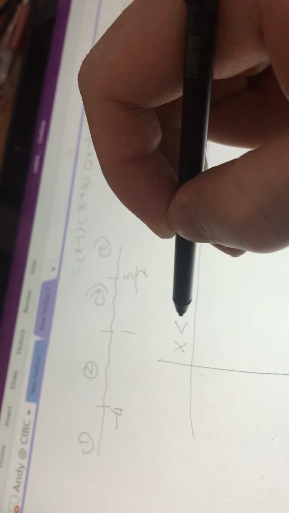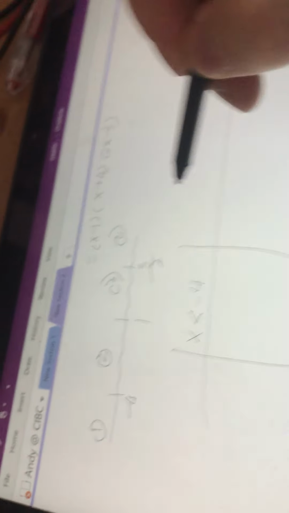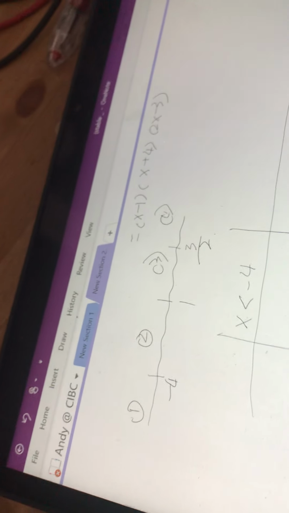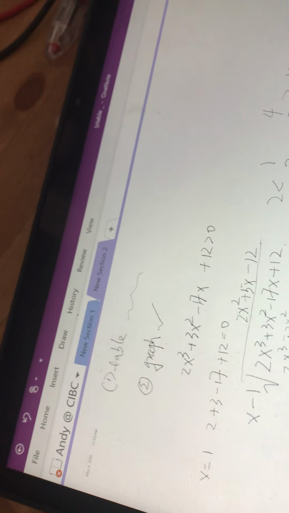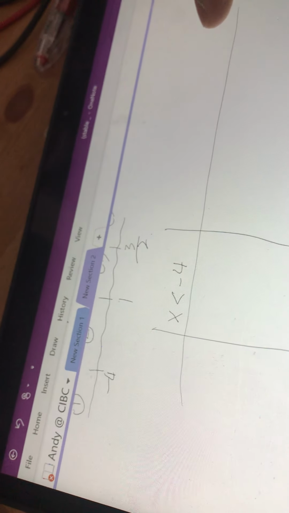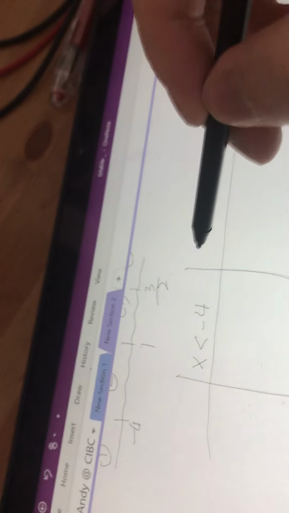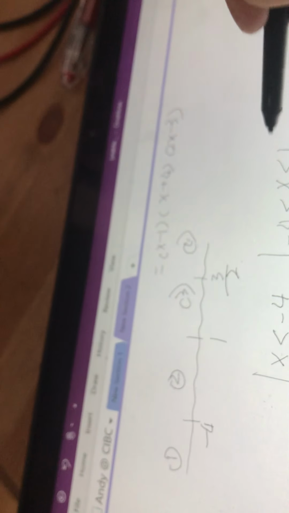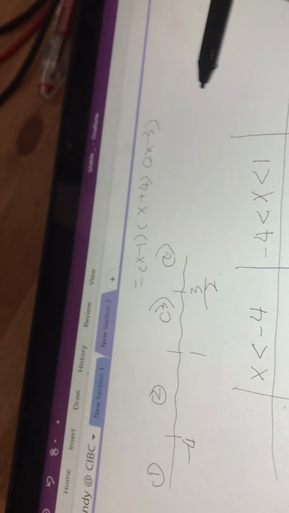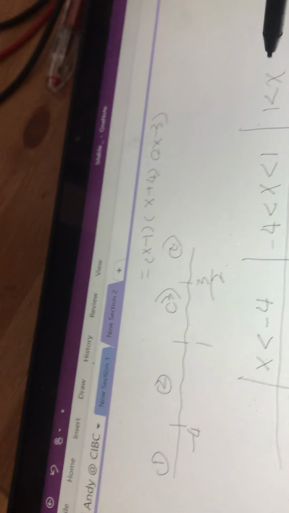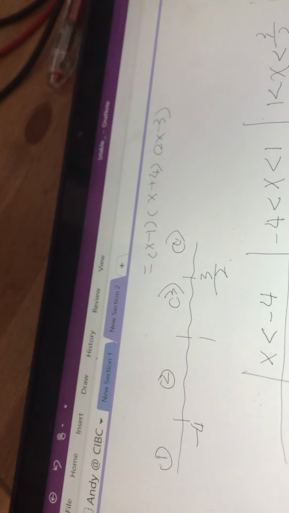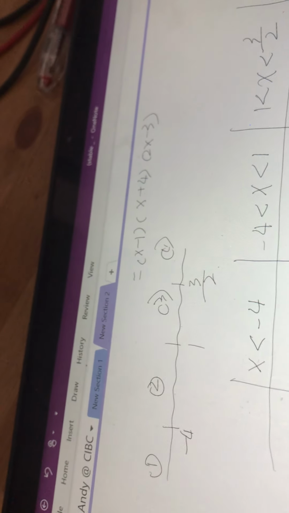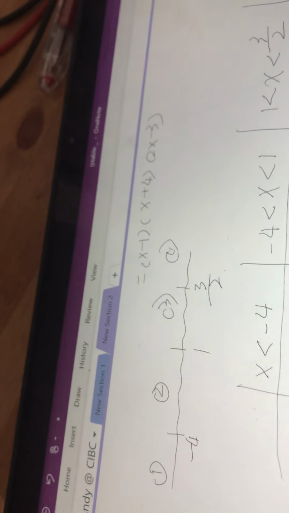So in the table, you need to build up a table. The first one is x smaller than negative 4. Then from negative 4 to 1, then from 1 to 3 over 2, and 3 over 2 smaller than x.